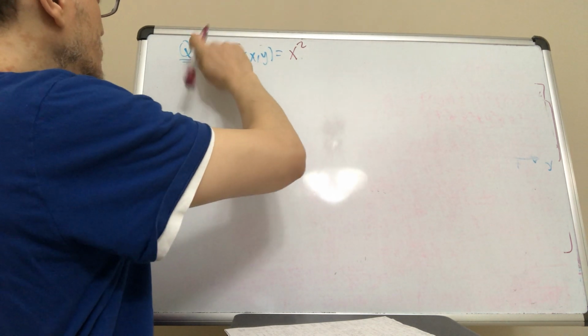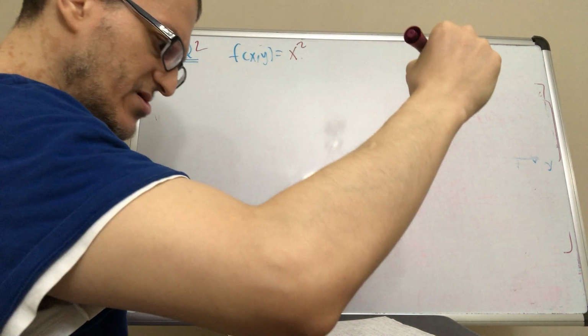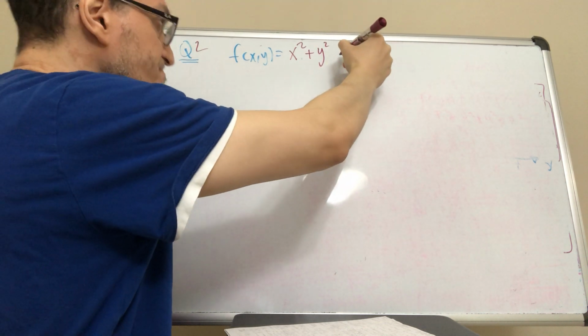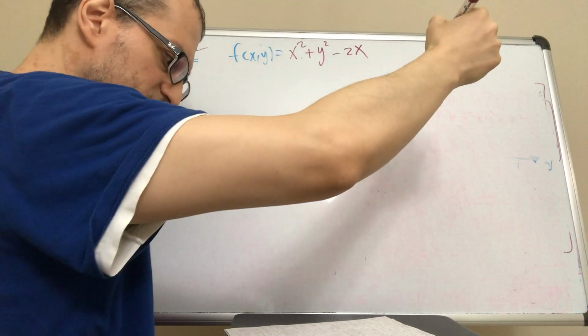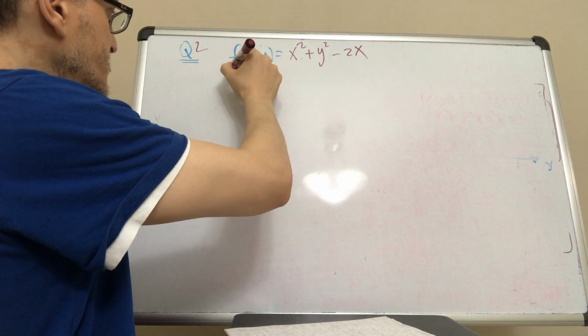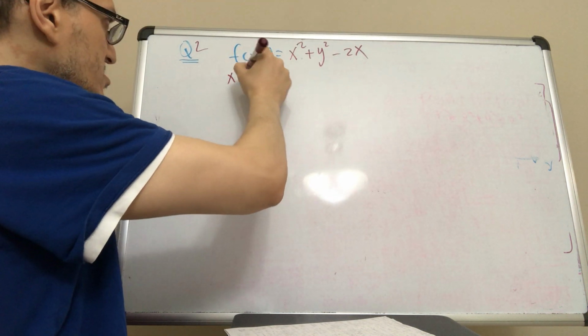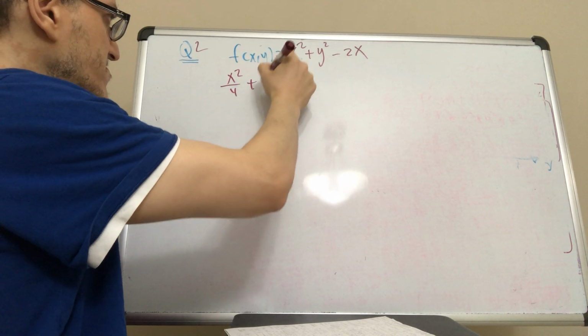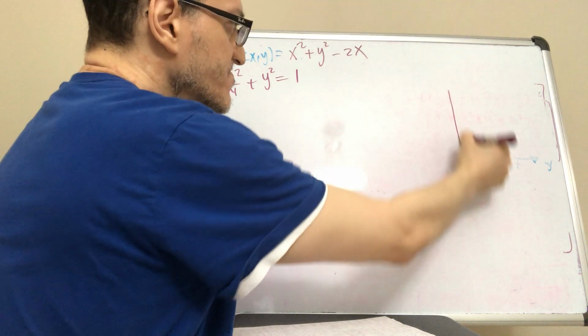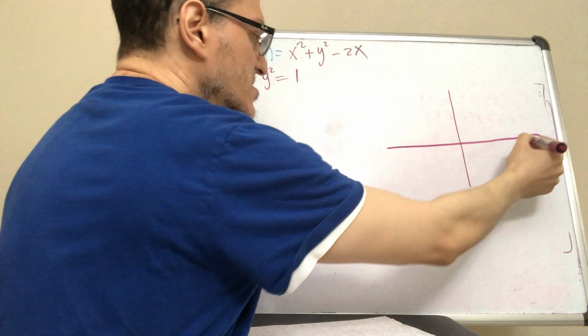This is question 2. For the function x squared plus y squared minus 2x, on the region x squared over 4 plus y squared equals 1.